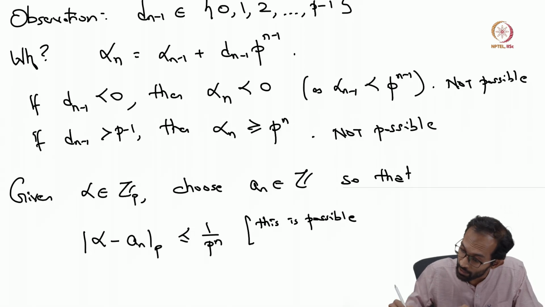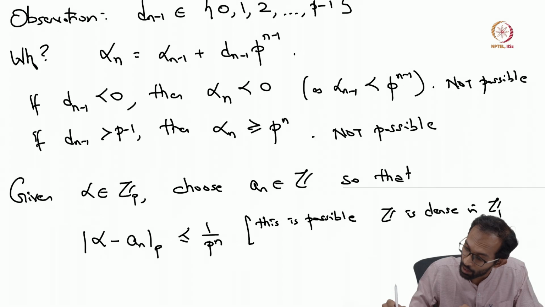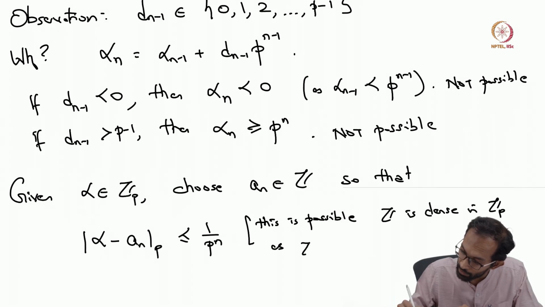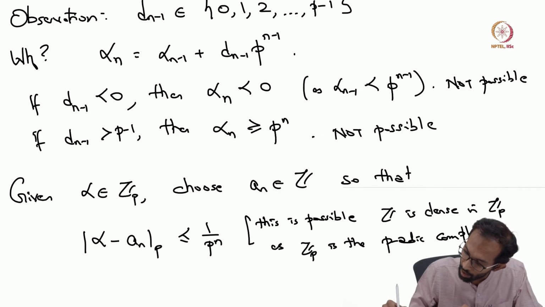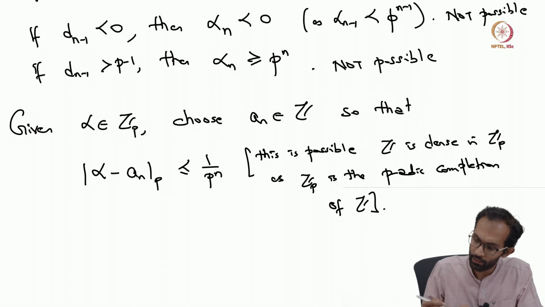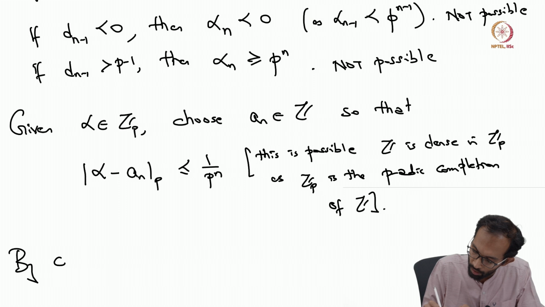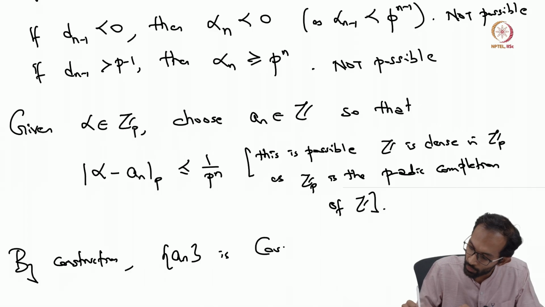This is possible since Z is dense in Zp, as Zp is the p-adic completion of Z. And so by construction of these a_n, this sequence is a Cauchy sequence.